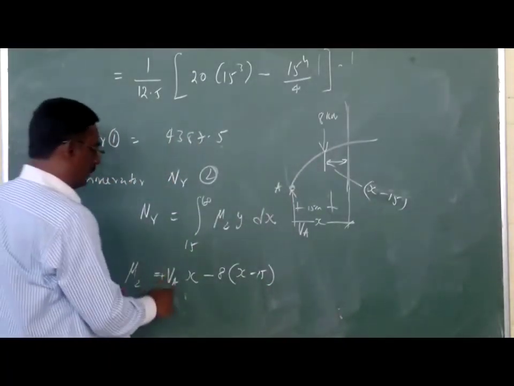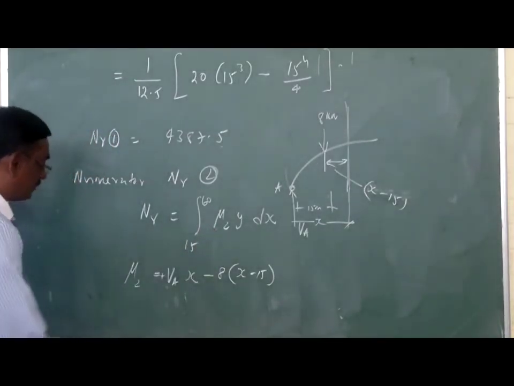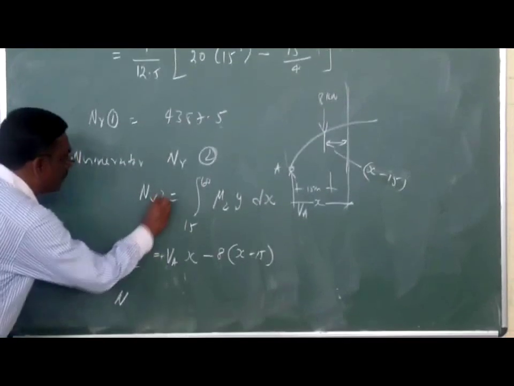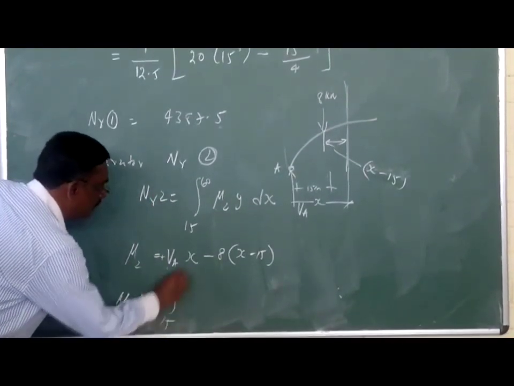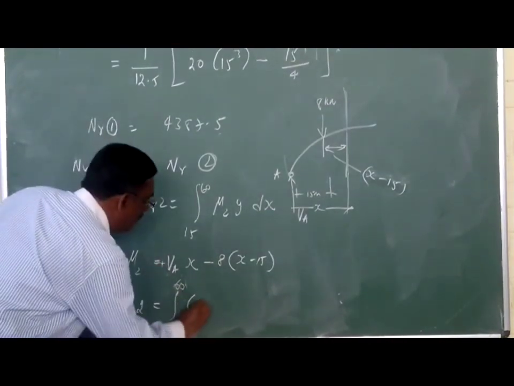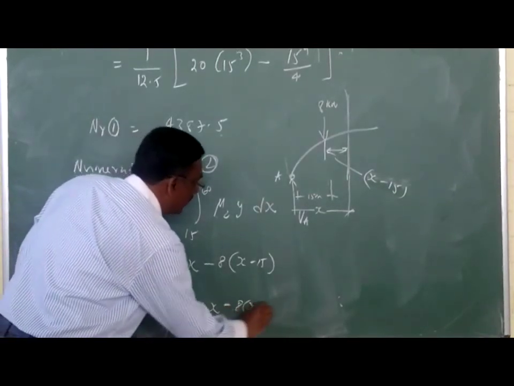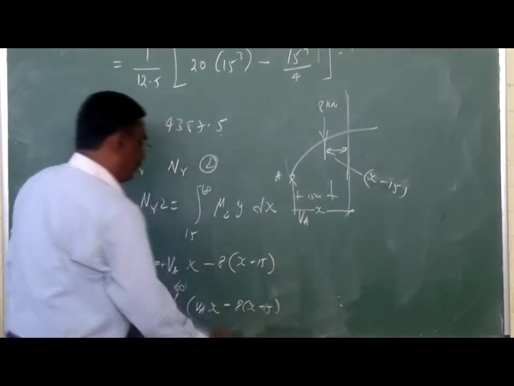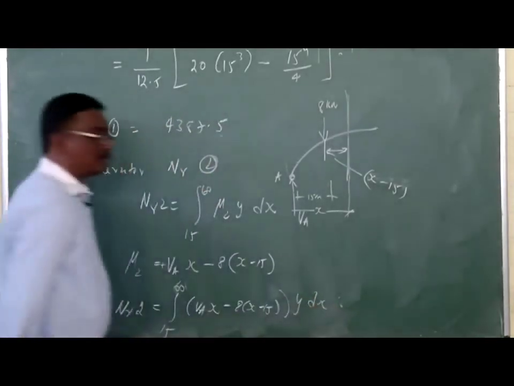So we have to substitute here for mu2 in this equation. On substitution, numerator 2 will be the integral from 15 to 60 of VA x minus 8 into x minus 15, into y dx.